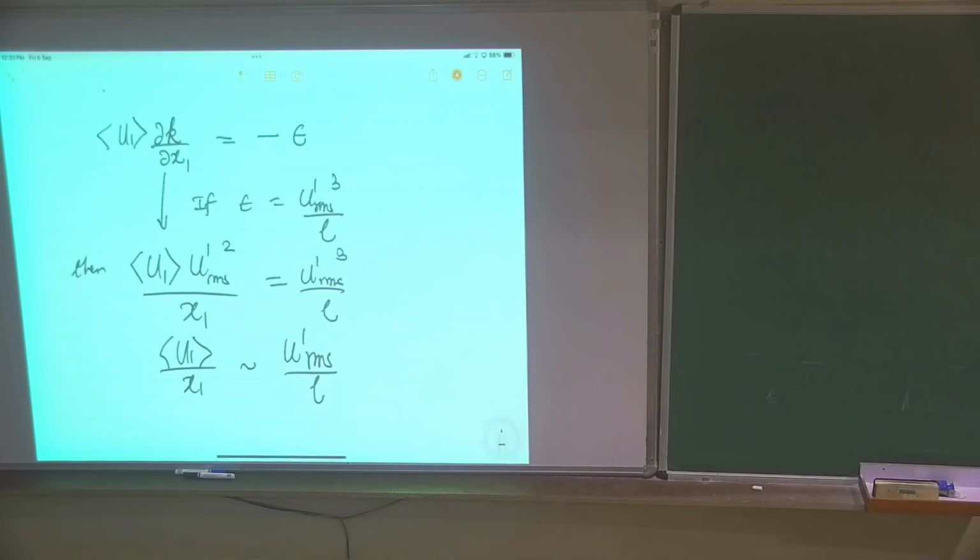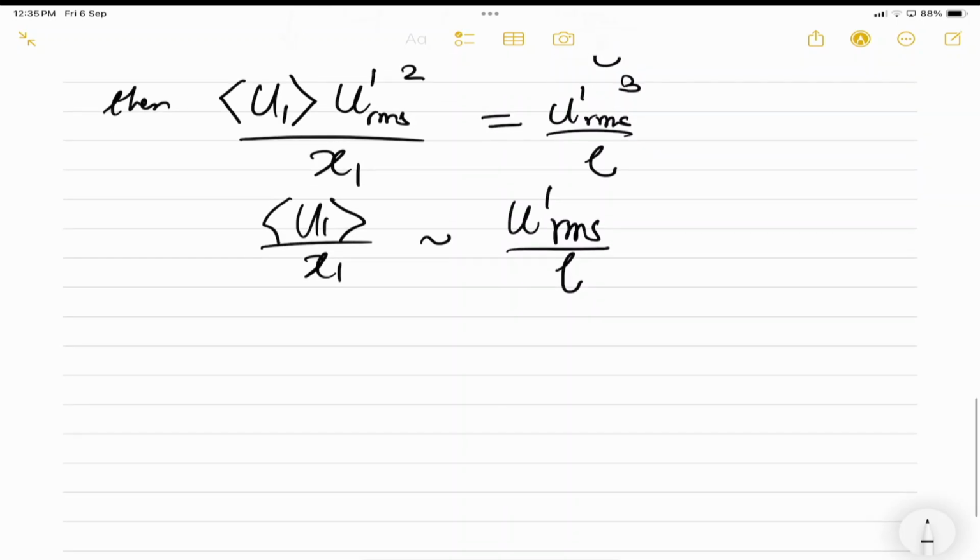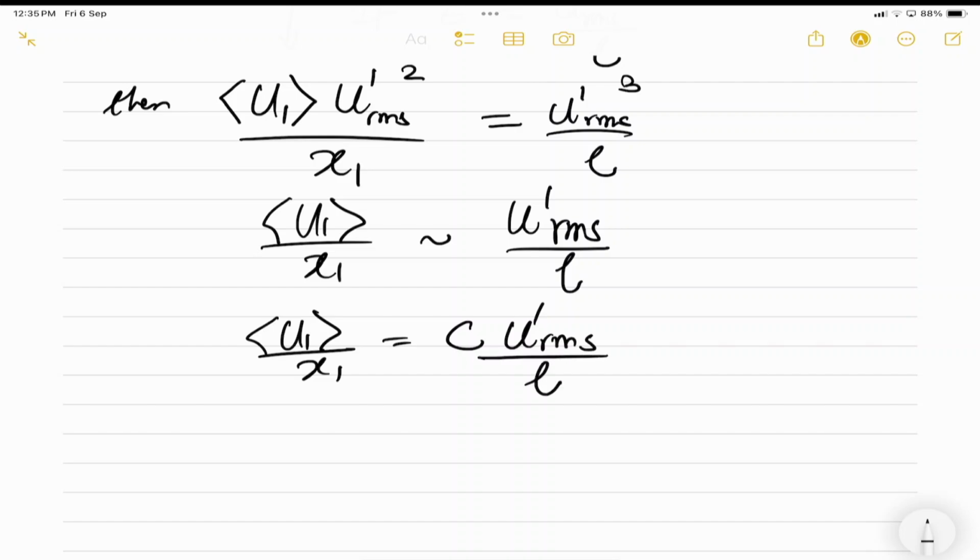So now I can write this equation in the form u1 upon x1 is equal to c times u prime RMS upon L. Now, still this does not complete.